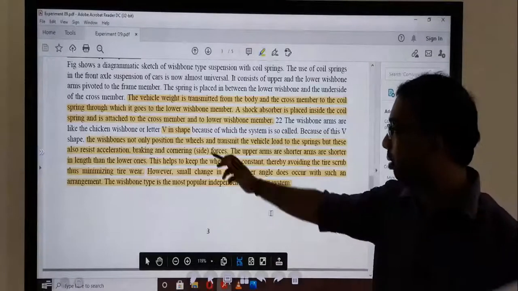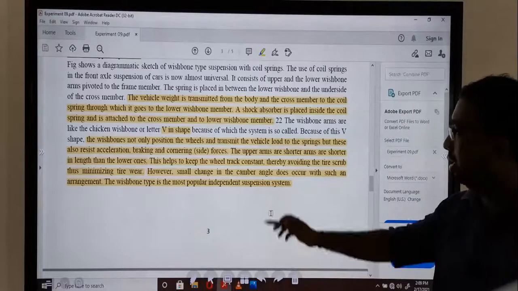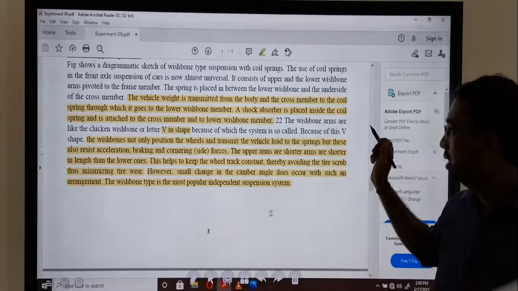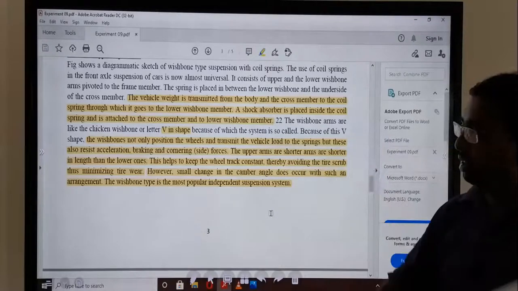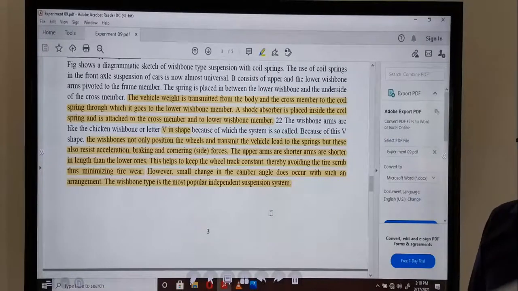Because of the V shape, it is called the wishbone arm. The wishbones not only position the wheels and transmit the vehicle load to the springs, but they also resist acceleration, braking and cornering forces. That means if the vehicle is running with the accelerator, it can bear the load.